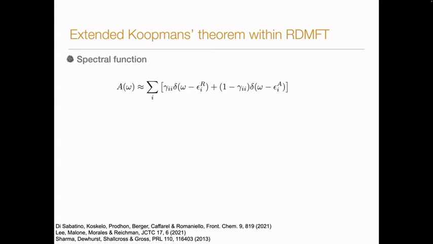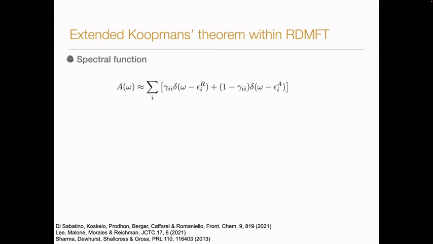Okay, so one can easily generalize this to a spectral function, and the spectral function has this form here. So you see, you have a series of peaks and the removal and addition energies calculated with the EKT, weighted by this diagonal part of the, in this case, removal part density matrix in the basis which diagonalizes lambda R or lambda A, which is not necessarily the same basis.